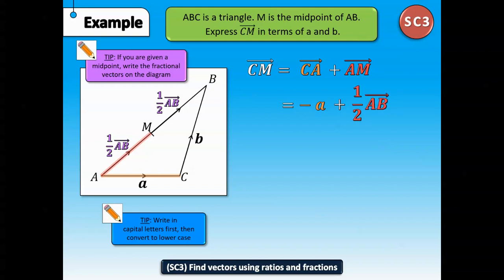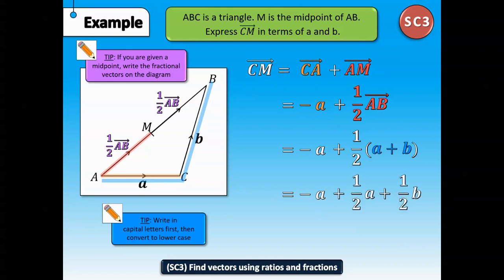And A to M is half of A to B. Now, A to B is A plus B. So half of A plus B is a half of A plus a half of B. And this simplifies to minus a half A plus a half B.